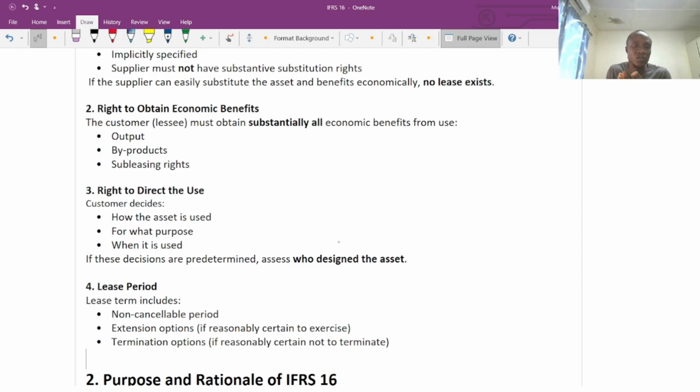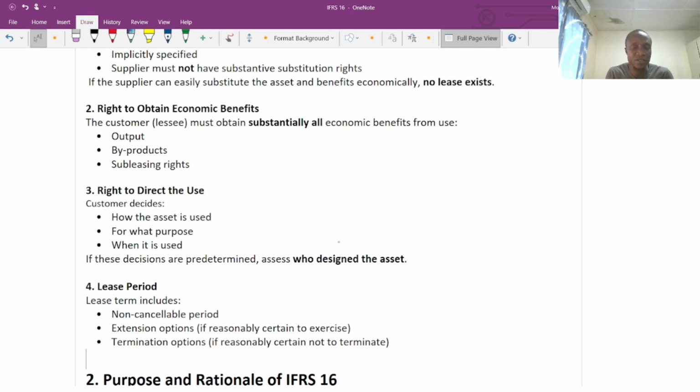So in that situation, the lease agreement should clearly state all of these various conditions. But the key point is that the lessor should not direct the use of the lease item. Very important point that you need to know.